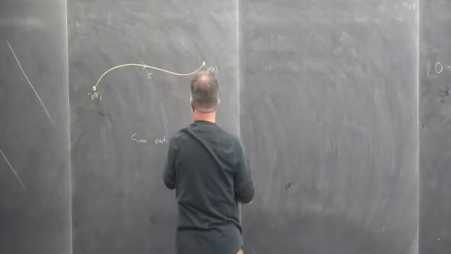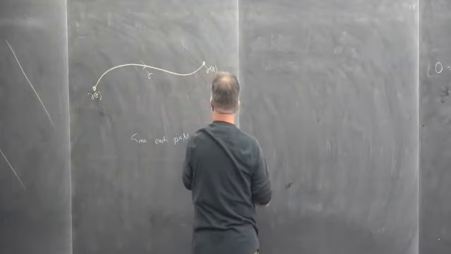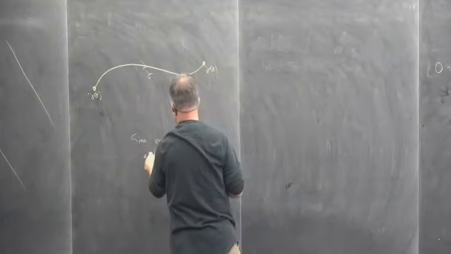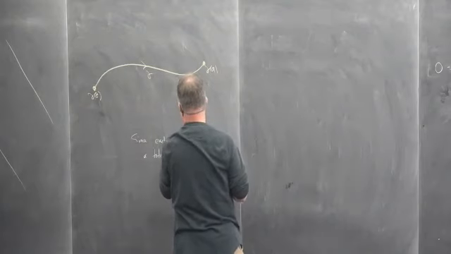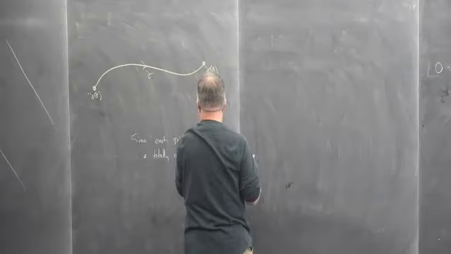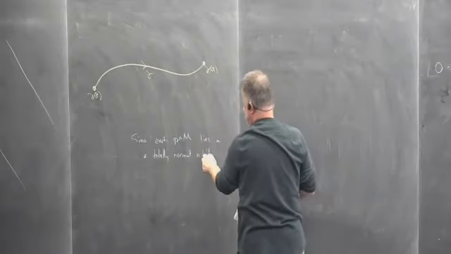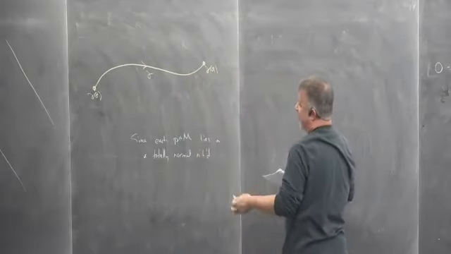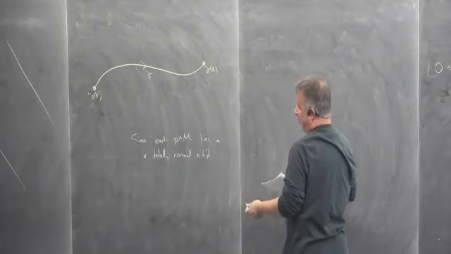Each point P in M lies in a totally normal neighborhood. Remember, a totally normal neighborhood is an open neighborhood which is a geodesic ball of a certain radius, which is contained in a geodesic ball of a certain radius around each of its points.